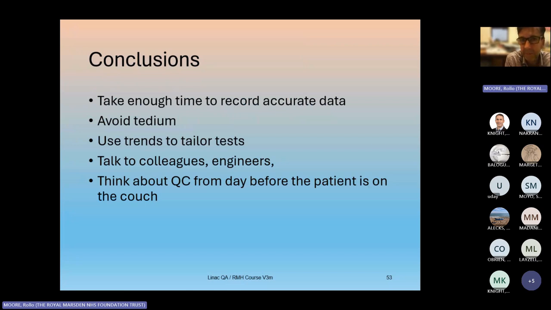That means the setting up of good baselines and the reviewing of the appropriateness of those, and talk to colleagues. Now, I should put listen to colleagues as well there. Please interpret talk as both talk and listen, i.e. discuss. And we always think about the quality control for a particular type of patient at least the day, if not the year, before the patient is on the couch.